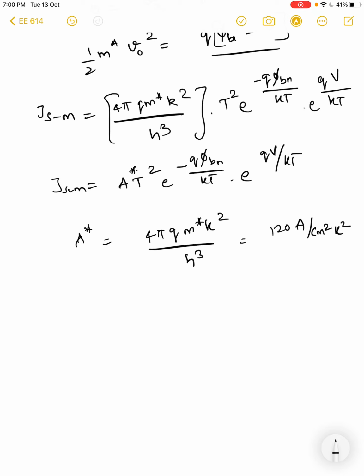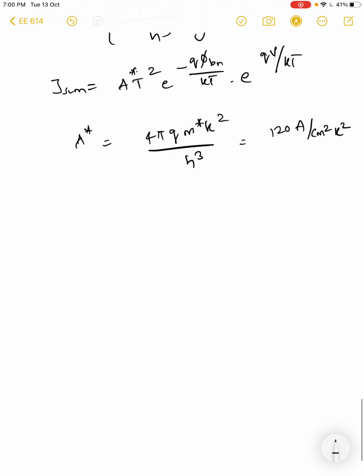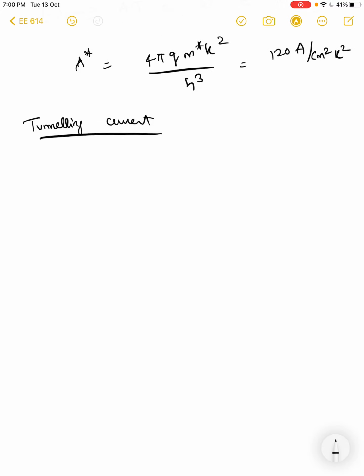One last aspect that we want to visit before we close this chapter on metal semiconductor interfaces is the tunneling current. We briefly saw this tunneling current in the situation where you have barrier height adjustments, right? So basically we have our metal semiconductor interface. The probability of an electron to tunnel from the semiconductor side to the metal depends upon the width of the barrier here.